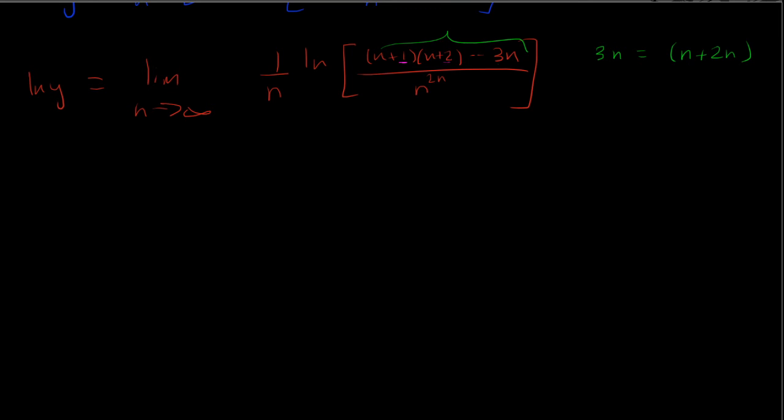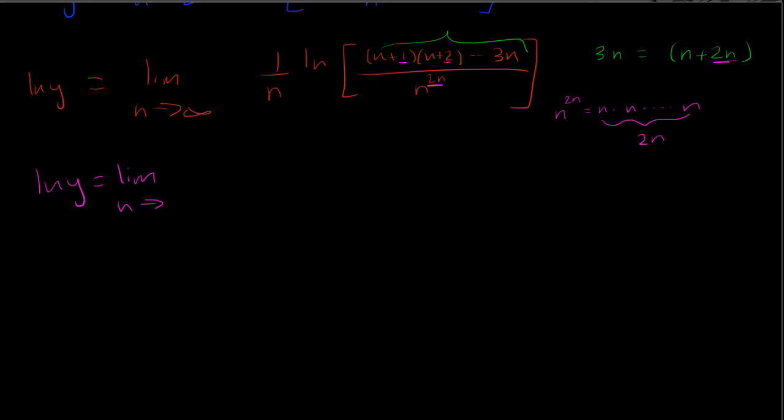This is the first one, this is the second one, all the way up to the 2n. So there's going to be 2n of these. And notice there's a 2n in the exponent in the bottom. So I can break up n to the 2n like this, where there are 2n of those.